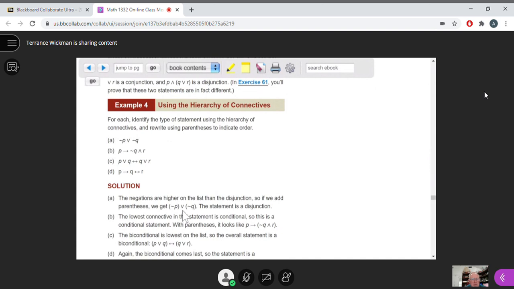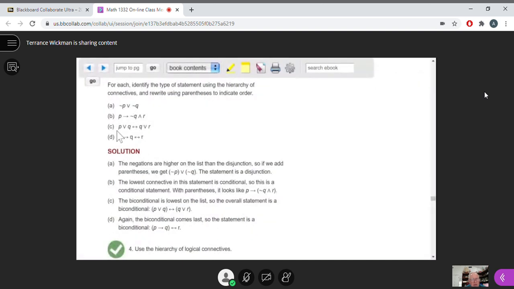In A, they simply use parentheses. B, because there's a not and a or, we use parentheses. In C, we separate the if P then Q, that's the conditional thing with double arrows, with parentheses.